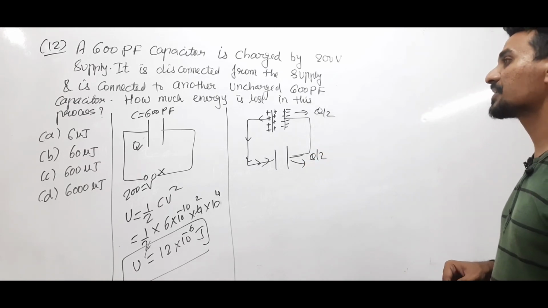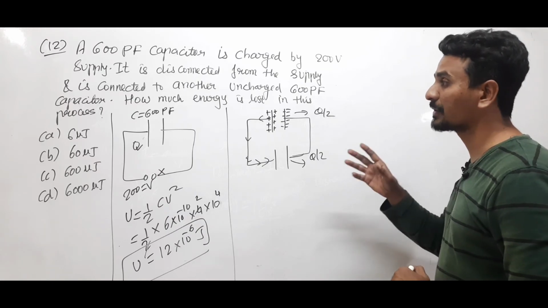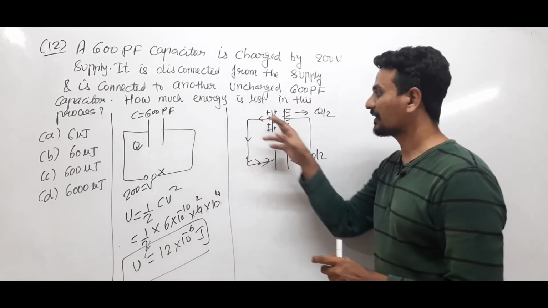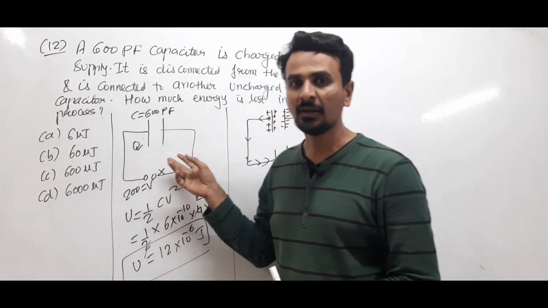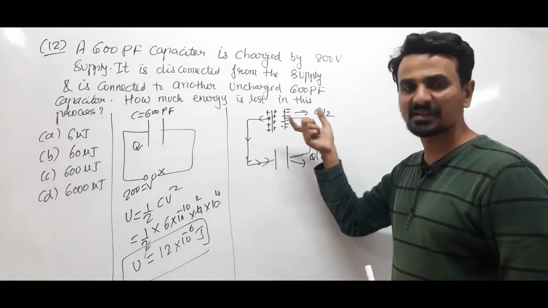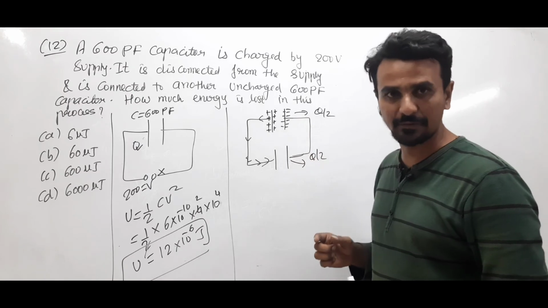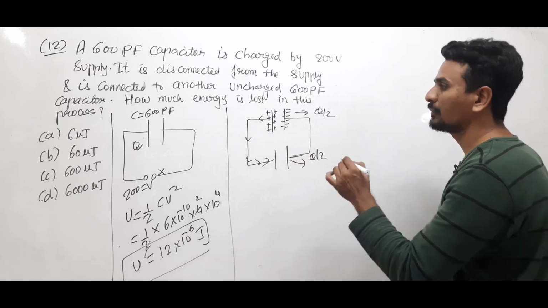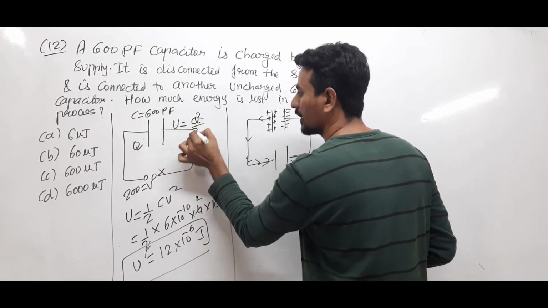Now how much energy is lost in this process? We want to calculate the energy loss. This was the energy this capacitor was having, where Q was the charge on its plates. Now when you connect it with an uncharged capacitor of the same capacitance, charge will be equally divided. This was having charge Q, so energy was Q square by 2C.